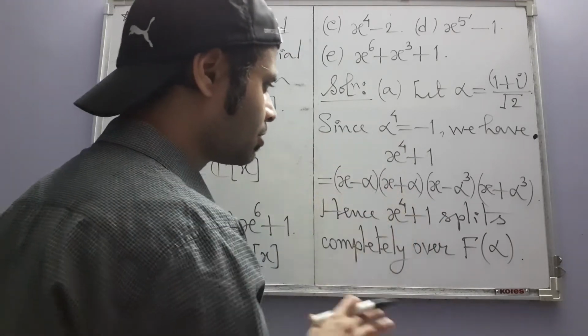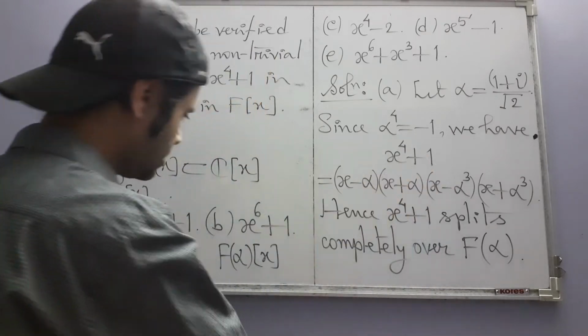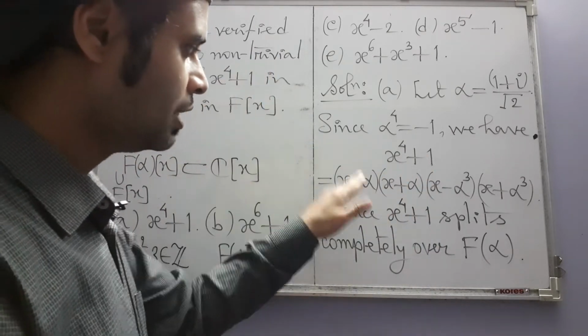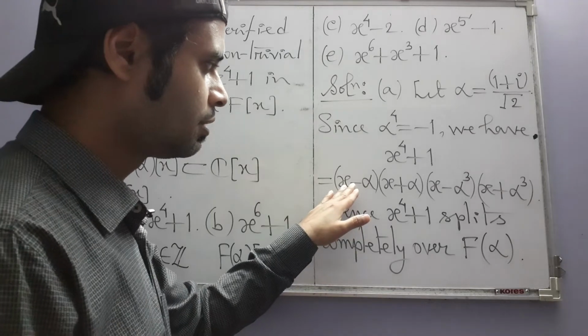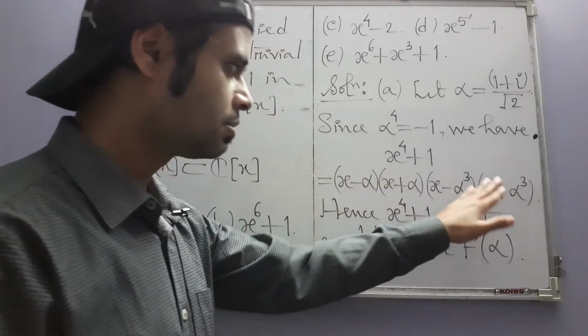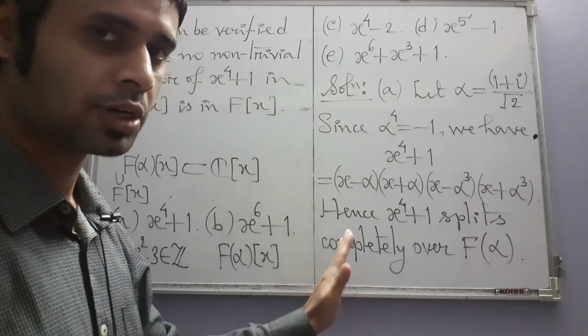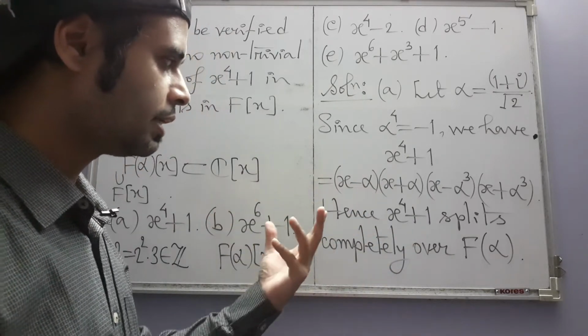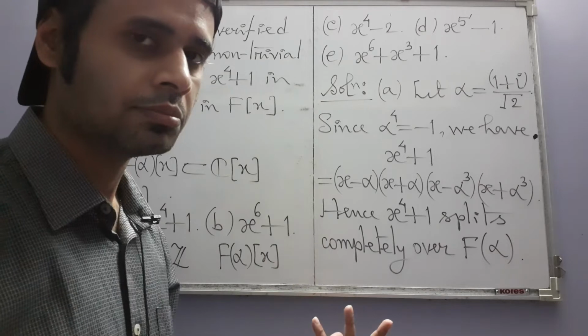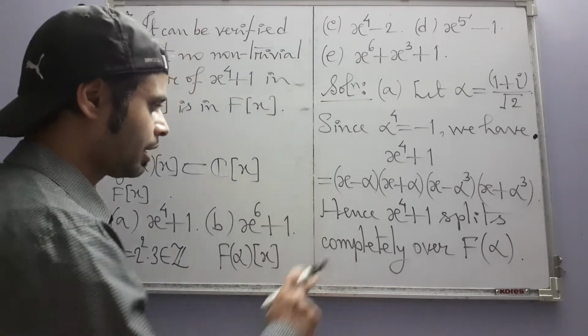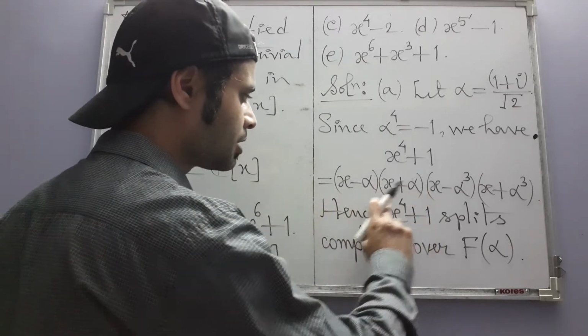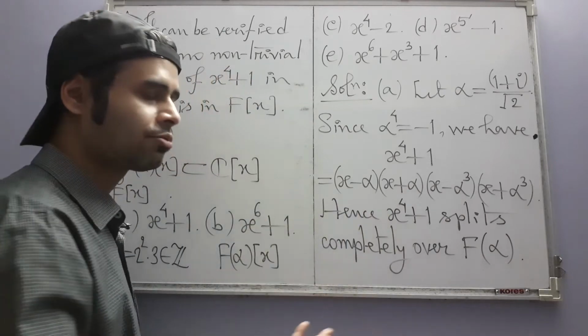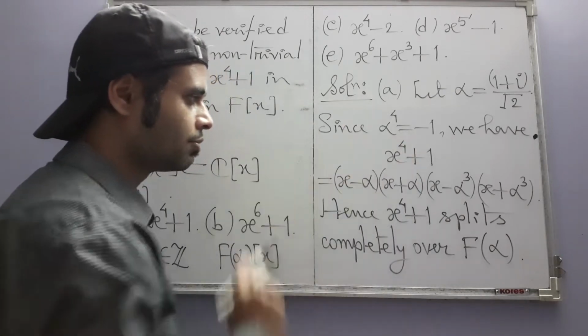So any non-trivial factor of this one similarly will be formed from these 4 prime polynomials, or these 4 irreducible polynomials, by taking maybe 2 of them or 3 of them. In fact x minus alpha, x plus alpha, each one of them is a non-trivial factor of this.